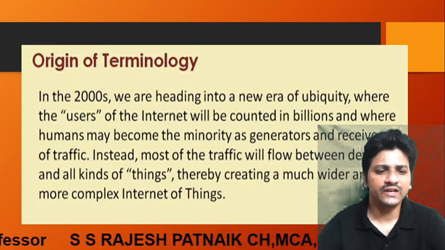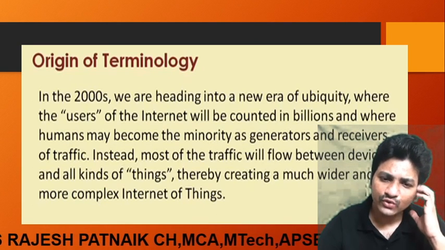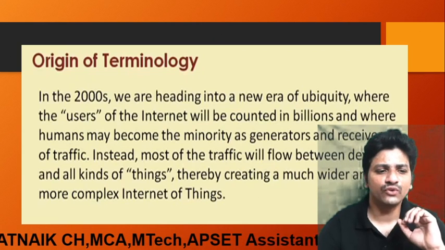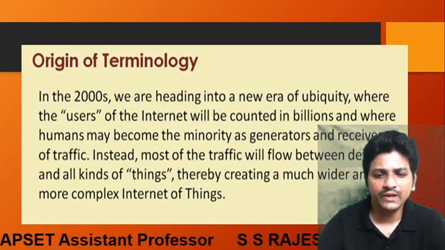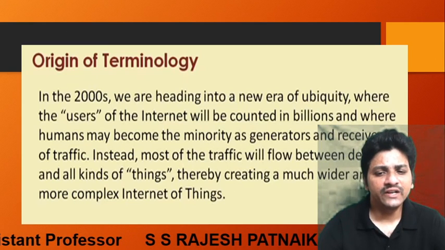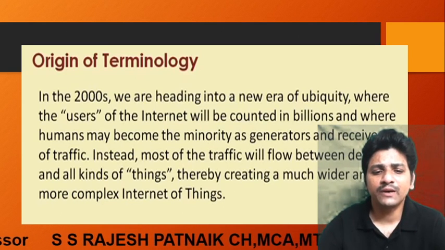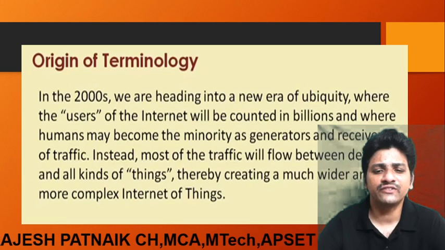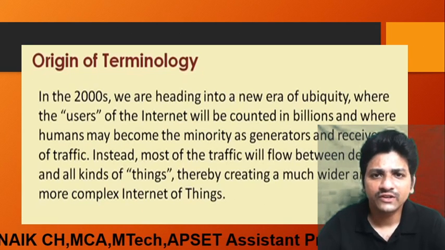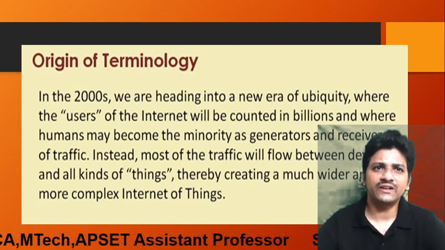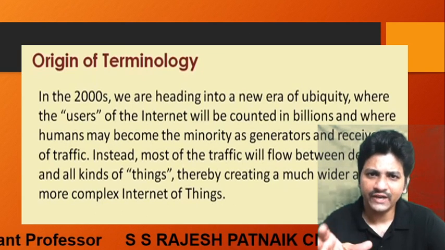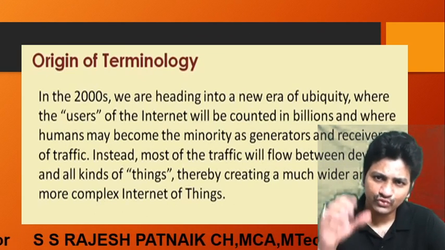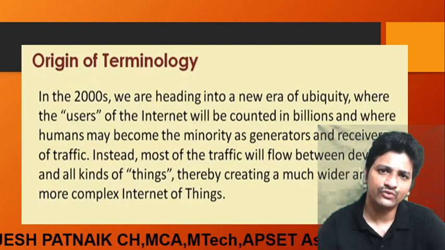So here we are heading into a new era of ambiguity, where the users of the internet will be counted in billions and trillions, where humans may become a minority as generators and receivers of traffic. That means we cannot stop that traffic, because every IoT device always stores and retrieves data continuously.